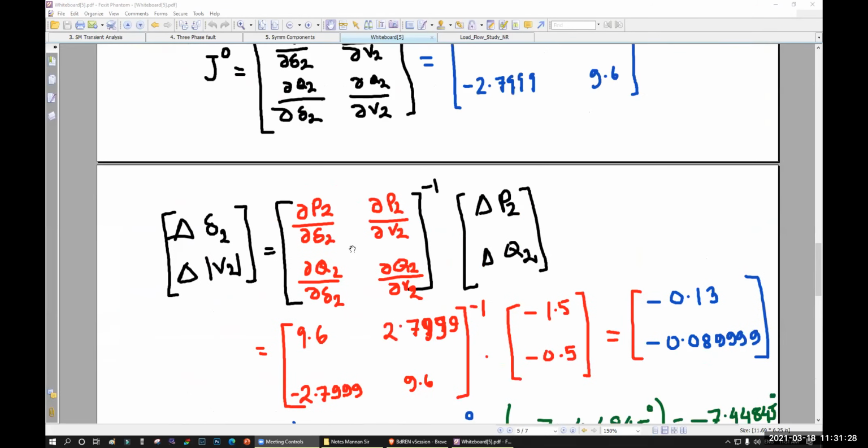I told you that day that your delta come from P, right? And your V come from Q. Understood? Remember? Your delta come from what? P. And your V come from Q, right? I told you in our previous classes. So what are the things that are unknown?